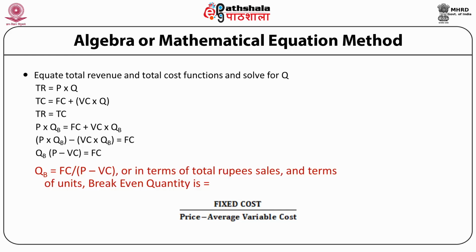Then if we take the Q out of this equation, the equation becomes Q into (P minus average variable cost) is equal to fixed cost. So break-even quantity, that is Q, is equal to fixed cost divided by P, that is the price of the goods, minus average variable cost. Price minus average variable cost is nothing but contribution per unit. So break-even point is equal to fixed cost divided by price minus variable cost.